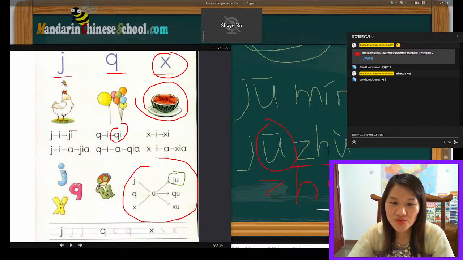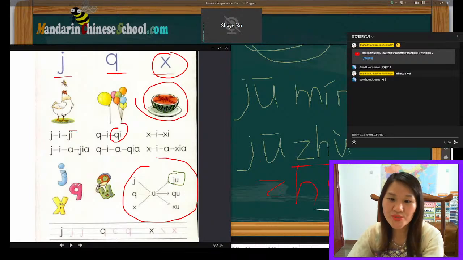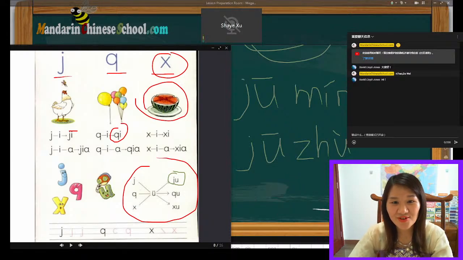This one is pronounced u sound, right? 居住，你居住在哪里？我居住在广东，但是我不是广东人。居住，你可以试一试吗？Can you try?